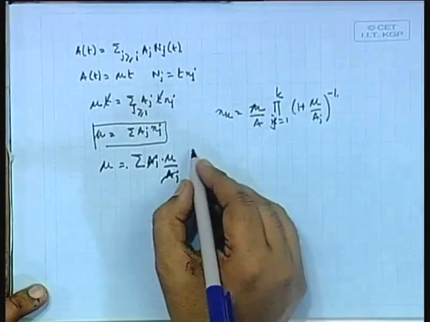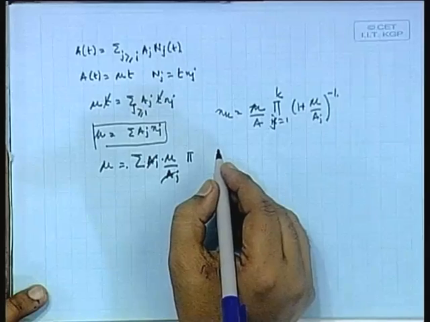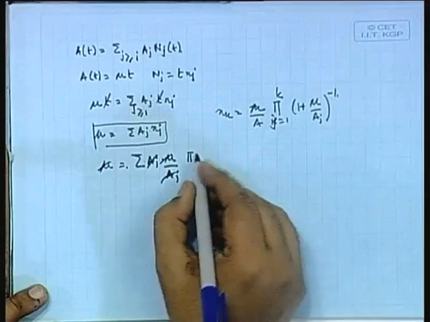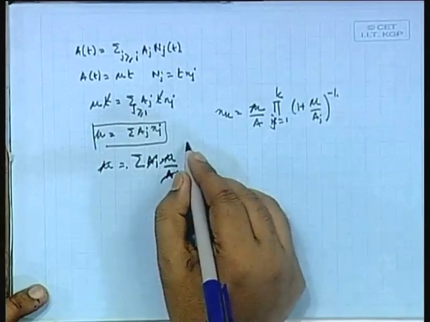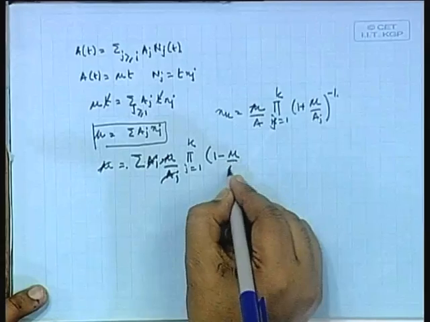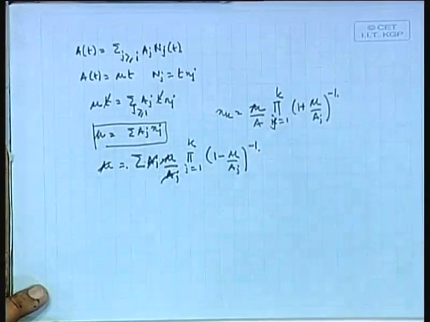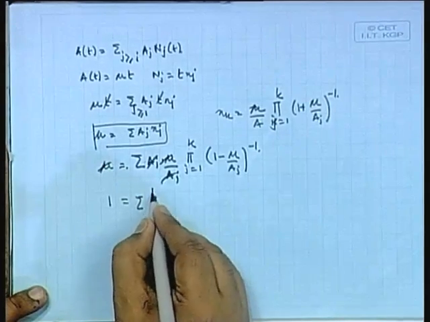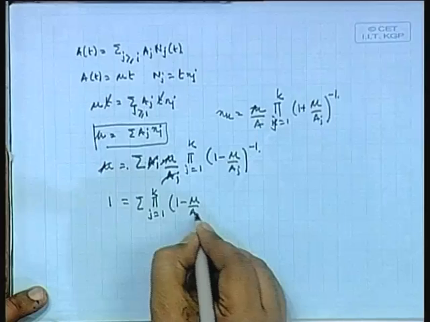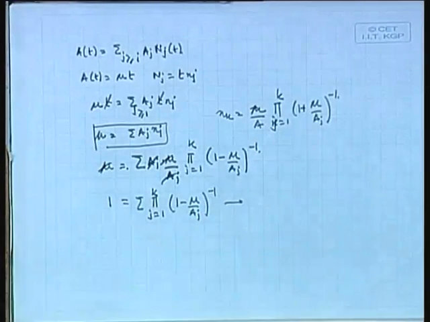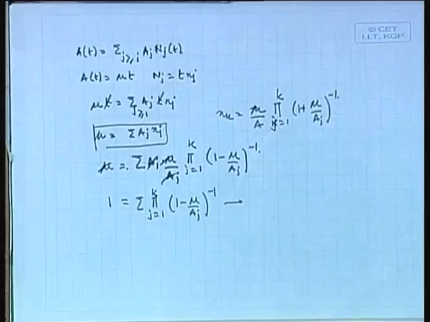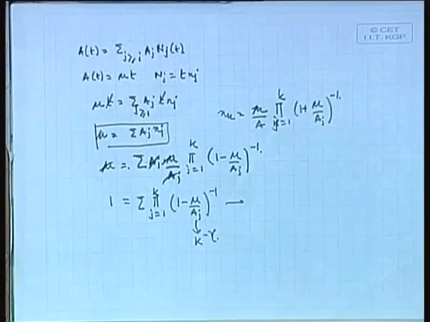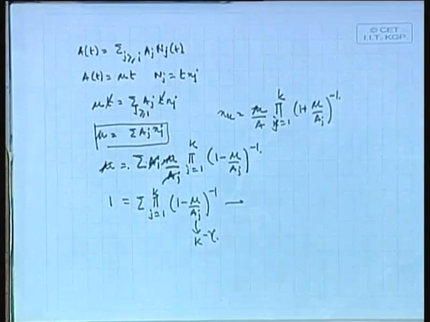So, this goes, so mu everything begins to go, j equal to 1 to k, 1 minus mu A_j. So, essentially what you get, summation j equal to 1 to k, 1 minus mu A_j. So, if you solve this, you know A_j is some k to the power minus gamma. Then you can solve this and accordingly get mu.